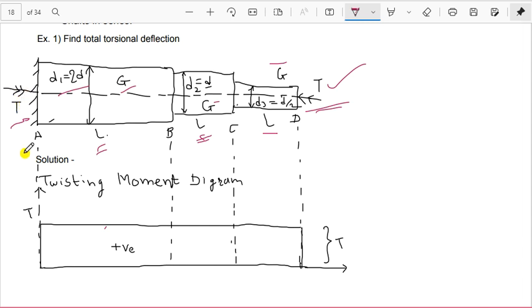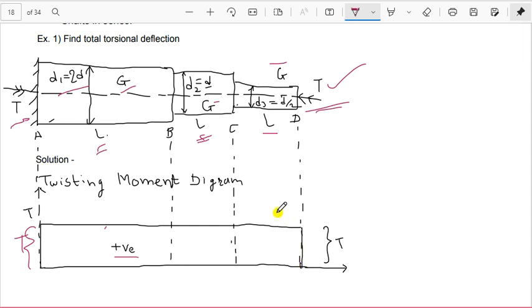You will find that this is in a clockwise direction, so we will put a positive sign, and the magnitude of this torque is capital T. From here to the last end, there is no other torque, so the magnitude will remain as it is till the last end, and at this point it will become 0.